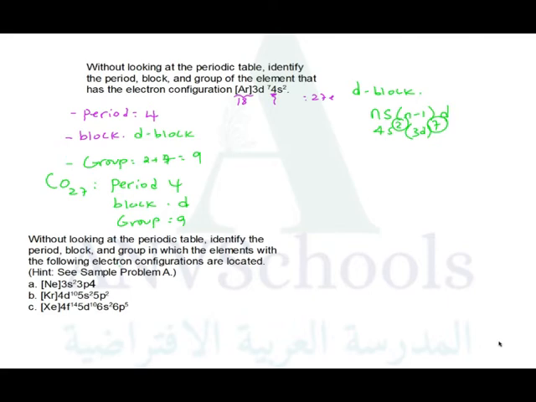So without looking at the periodic table, identify the period, block, and group in which the elements with the following electron configurations are located. So we have neon, written in the form of noble gas notation. So what we are interested in is the remaining part.